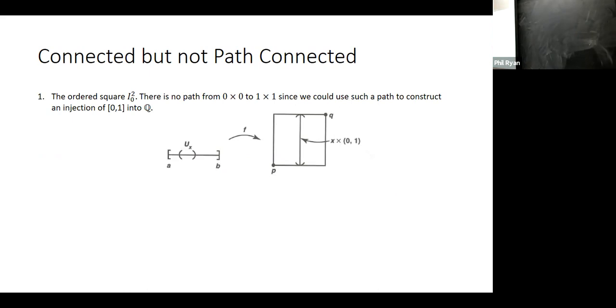But why is it not path connected? Well, let's just say we had a path that went from (0,0) to (1,1). Then for each x in [0,1], look at this open interval here, x cross the open interval (0,1).